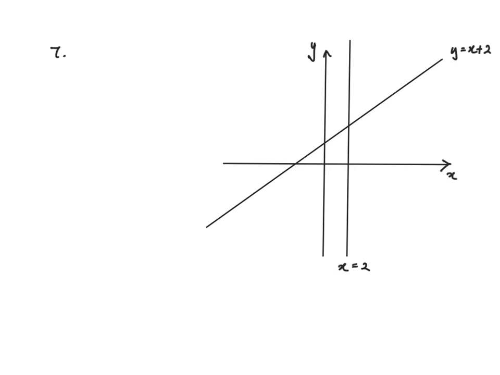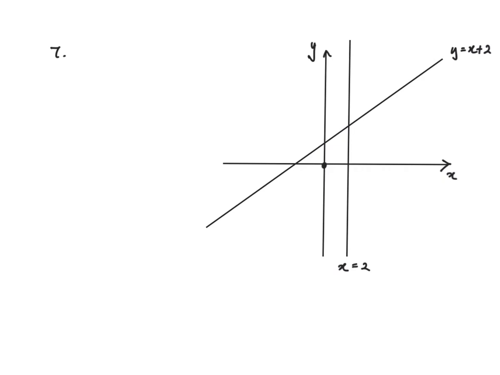So here is our setup, our x and y axes, and the oblique asymptote with equation y equals x plus 2, and the vertical asymptote with equation x equals 2. Now, we know that we have a maximum turning point at 0, 0.